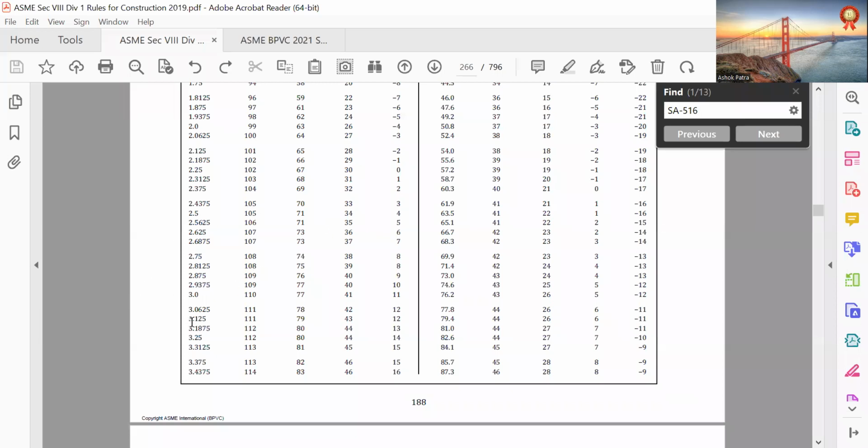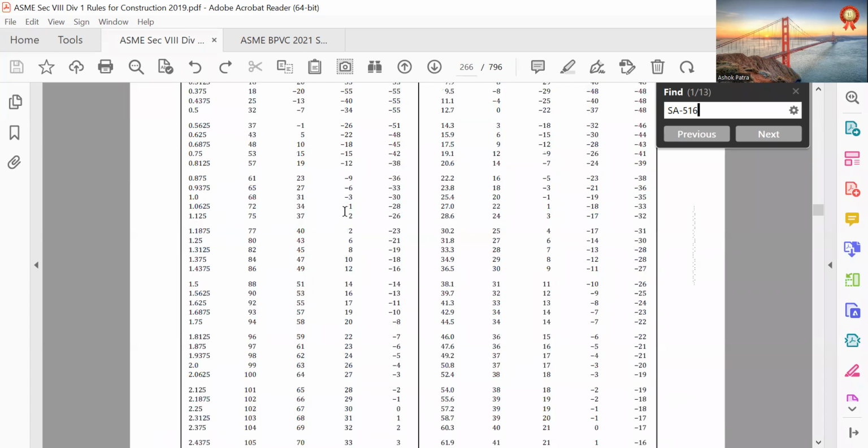So if you go for 2.5, yes, the curves A, B, C, D. There is 71, another is 34. So either B or C. So B is okay because it is 71.